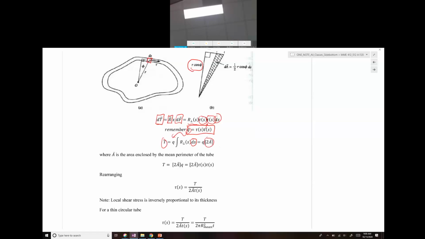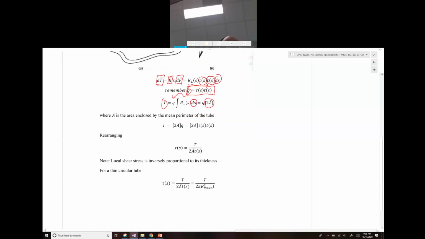Now we have an equation that relates our torque and Q, and our torque and our average shear stress along the section. The last thing we need to do is say that our shear stress at any point along the perimeter would be equal to the torque divided by 2 times the mean area of the tube times t of s.